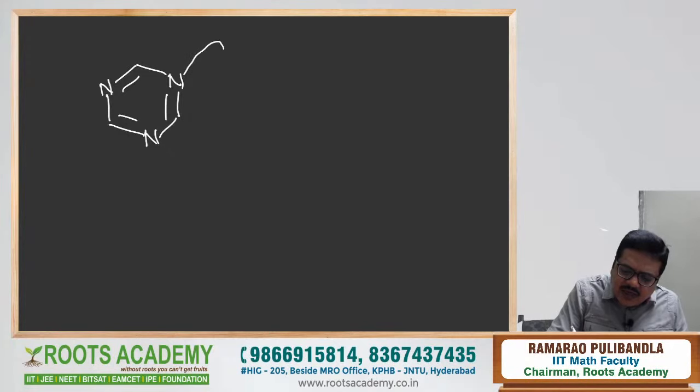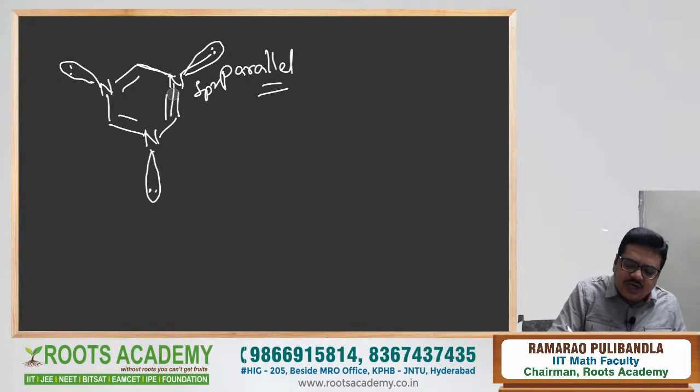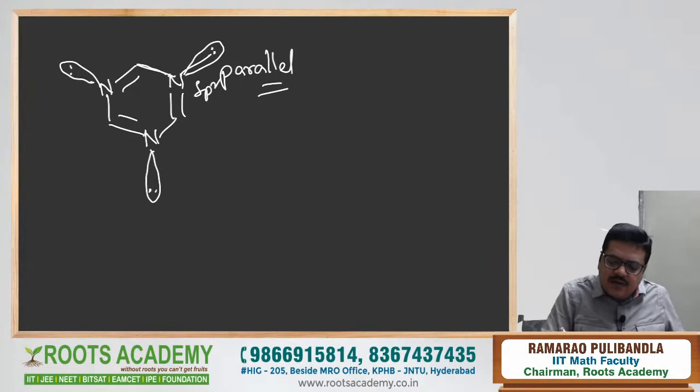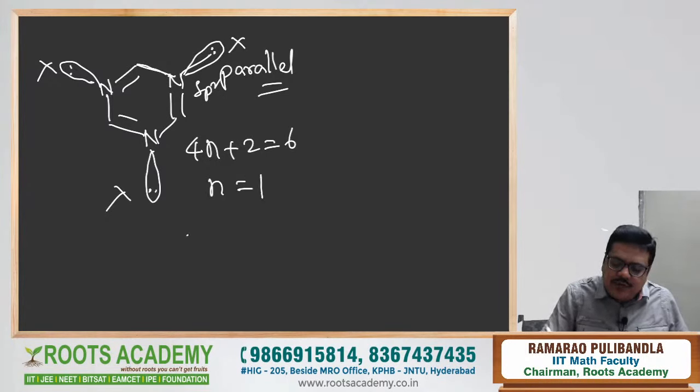The lone pair present on nitrogen is in the plane of the ring, because sp2 hybridization means trigonal planar geometry. Whenever electrons are in the plane of the ring, they do not participate in resonance. So 4n plus 2 equals 6, n is equal to 1, aromatic.